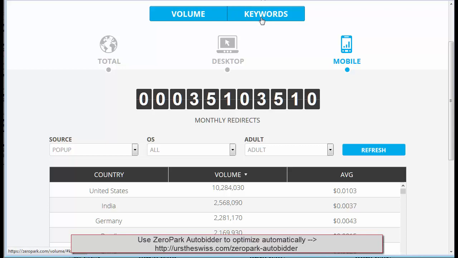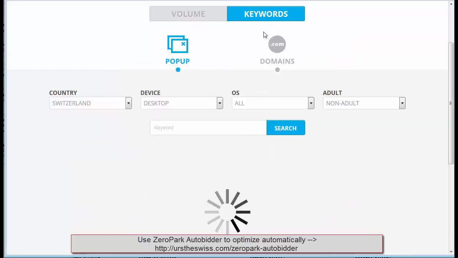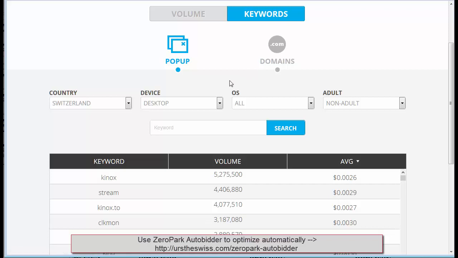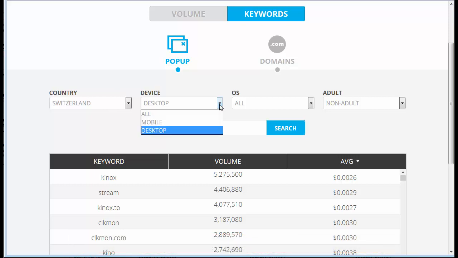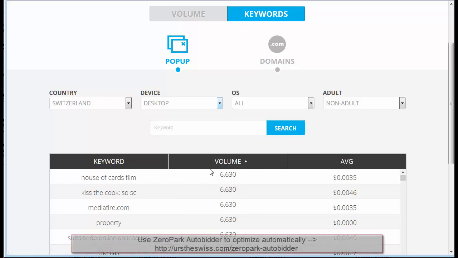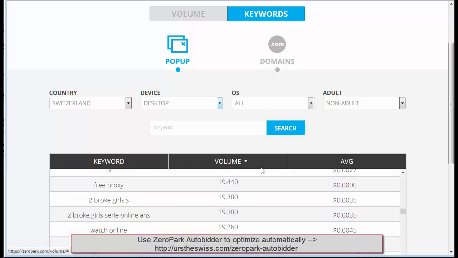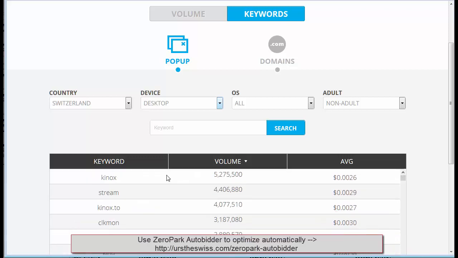Let's have quickly a look at the keywords. It's also quite informative. When you look at this, you can go to your country, you can filter for the device, desktop or mobile, adult or non-adult, and then you actually see what kind of keywords are bringing in the most volume. So you can filter for volume, or you can filter for average price. So in Switzerland, for instance, Kinox will be the keyword that's looked at the most or searched the most.